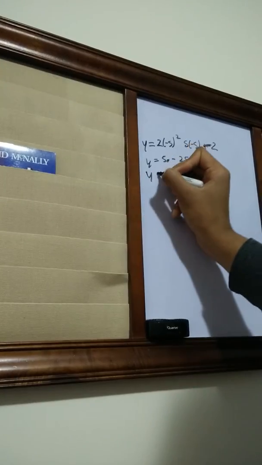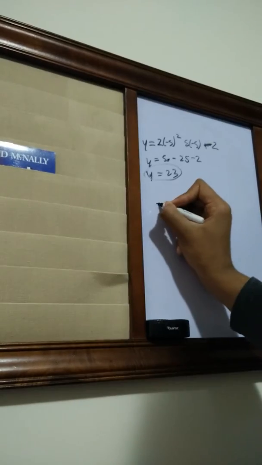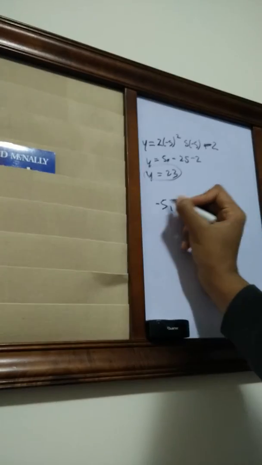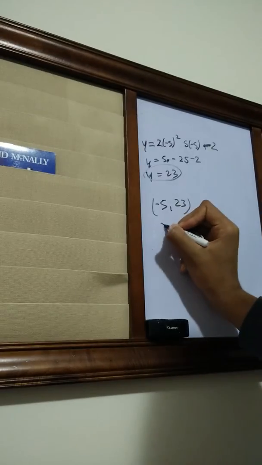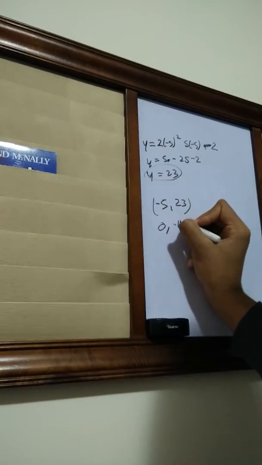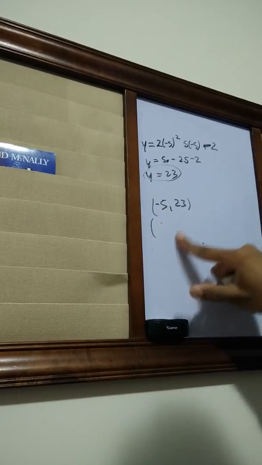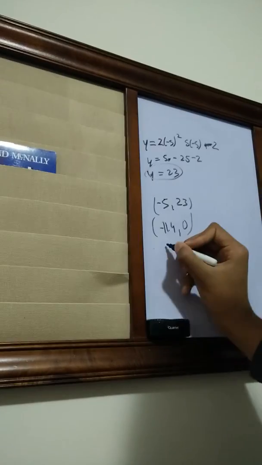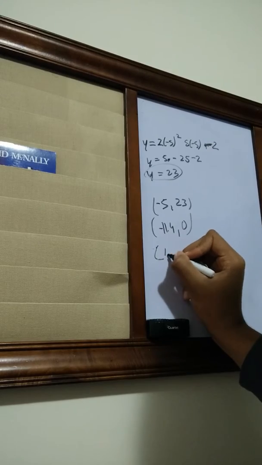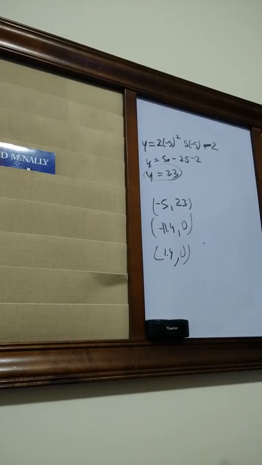So then y equals 23. So our vertex becomes negative 5 and 23. And our other two points will be negative 11.4 and 0, and 1.4 and 0. Now we have our 3 points.